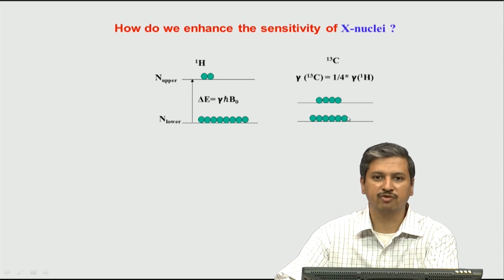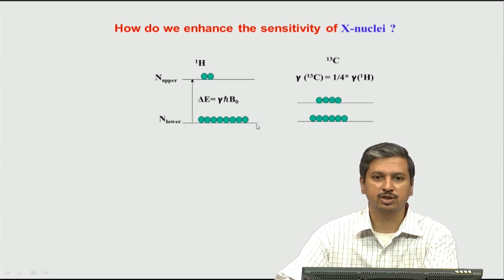Therefore, as we saw in the previous slide, the population difference is directly proportional to gamma. So, if gamma is 4 times less in carbon compared to hydrogen, then the population difference will also be 4 times less compared to what you see here.